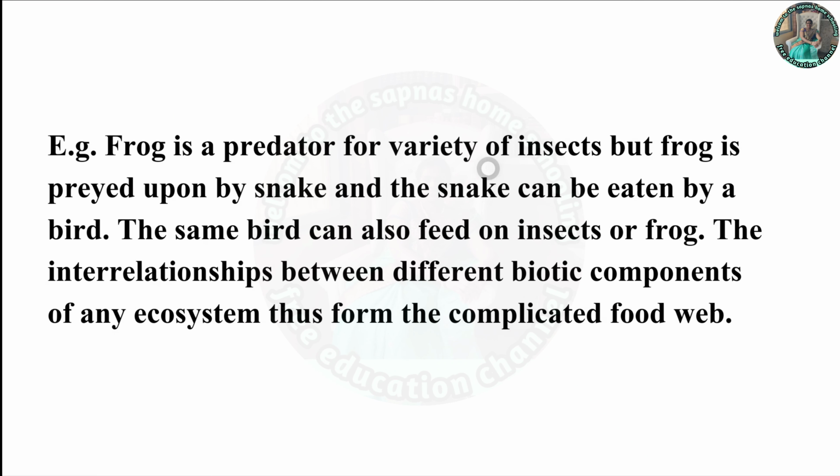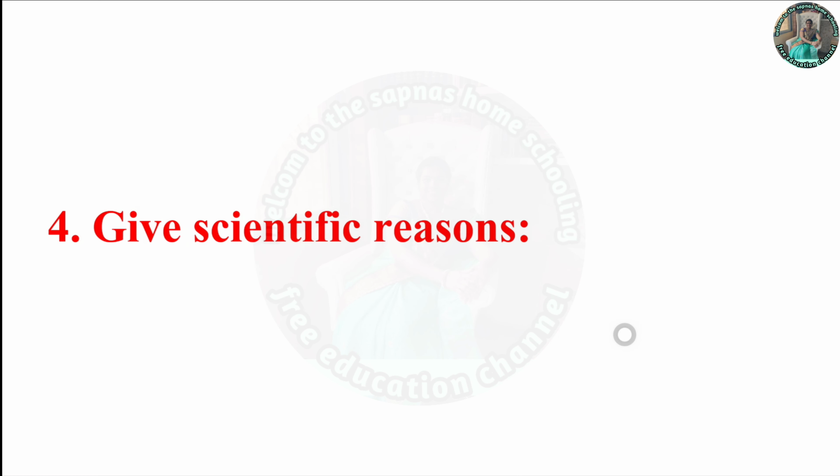Frog is a predator for a variety of insects, but frog is preyed upon by snake, and the snake can be eaten by a bird. The same bird can also feed on insects or frog. The interrelationship between different biotic components of any ecosystem thus forms the complicated food web.